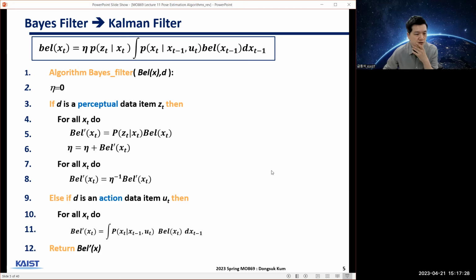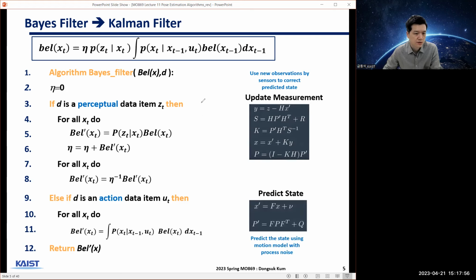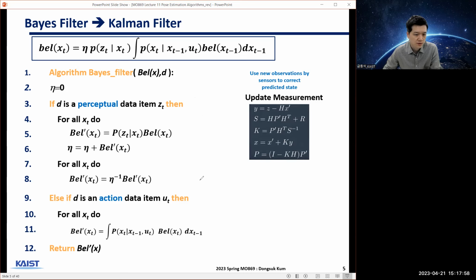So this is the Bayes filter we derived last time. If you come back and look at this, it has this update measurement part, which is this part.